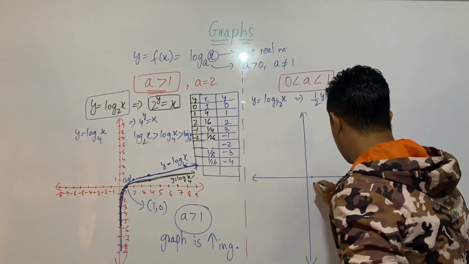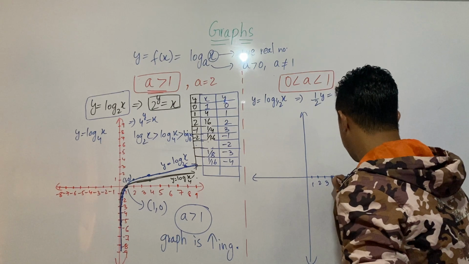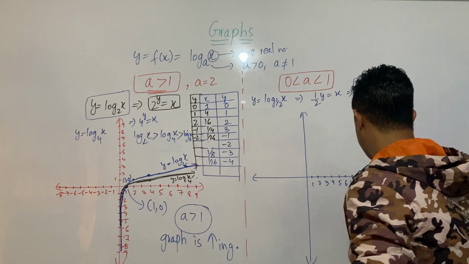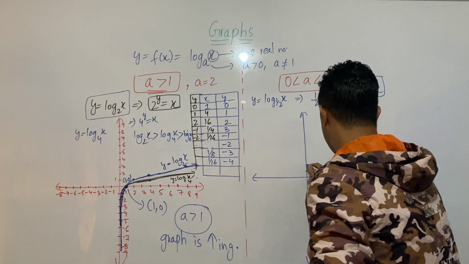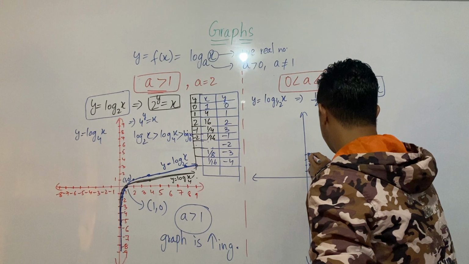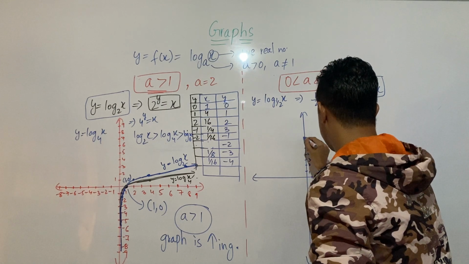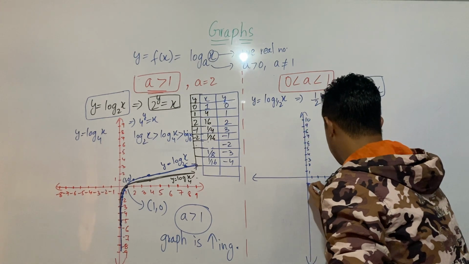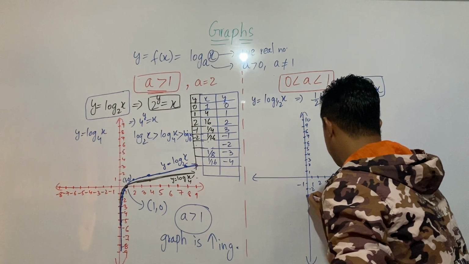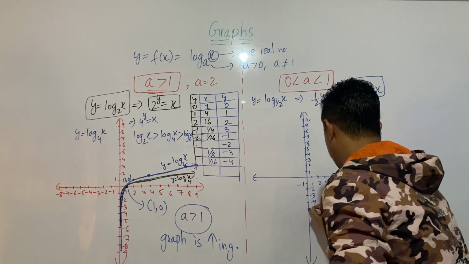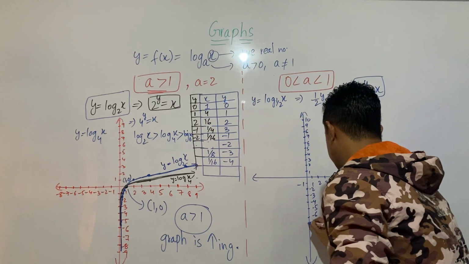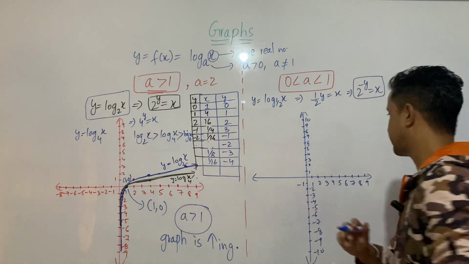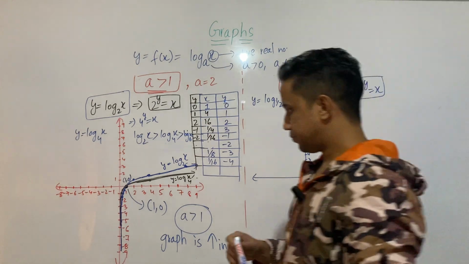So here 1, 2, 3, 4, 5, 6, 7, 8, 9, 10 on the x-axis, and minus 1, minus 2, up to minus 10 on the other side.